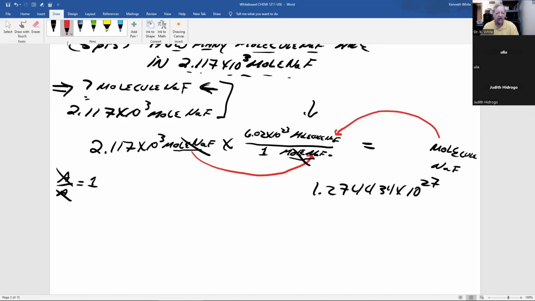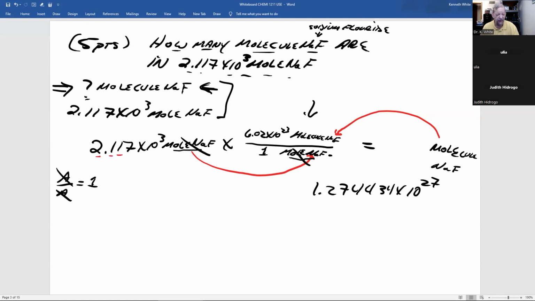How do we do this? You get the same number of significant figures in your answer as the number that has the fewest significant figures. If we look here, how many significant figures do we have? 1, 2, 3, 4. All non-zero numbers are significant. If we look here, we have 6. Ooh, a 0 after a decimal point is also significant. And a 2. This is 3 significant figures.